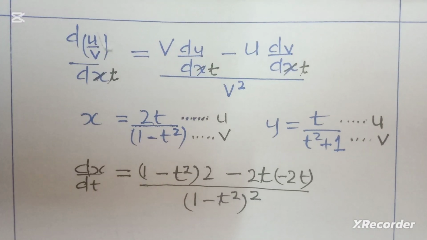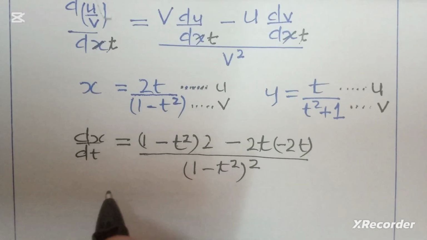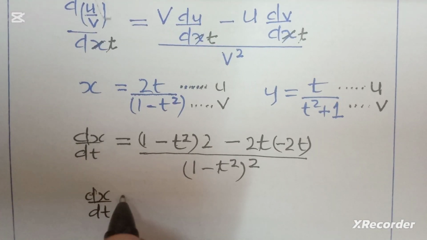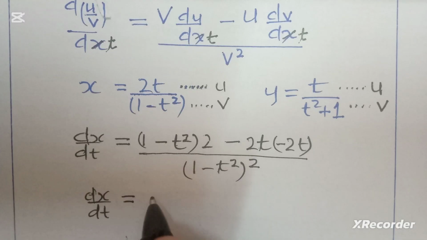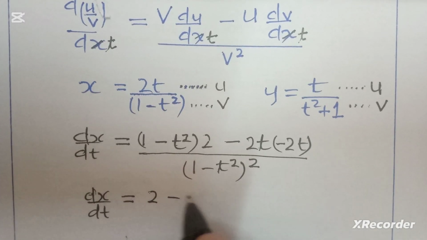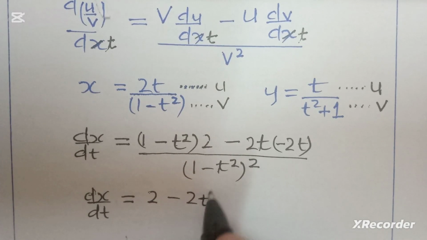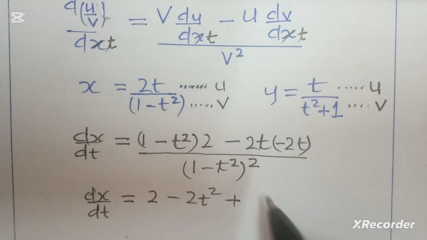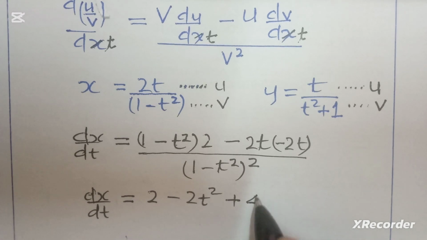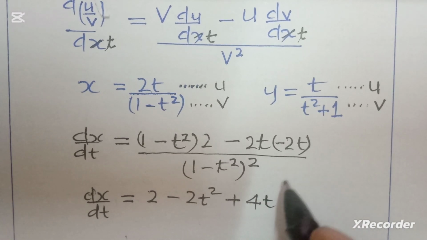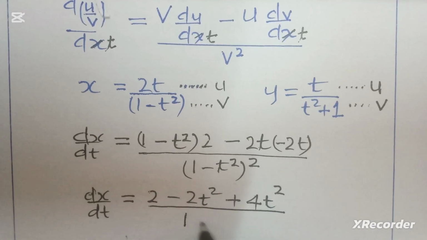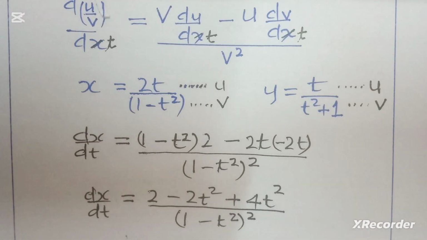So therefore, as we continue, dx dt is equal to, we can multiply there, 2 minus 2t squared plus, this is because of this minus and that minus, this gives us 4t squared, like that, all over 1 minus t squared, and this is squared.